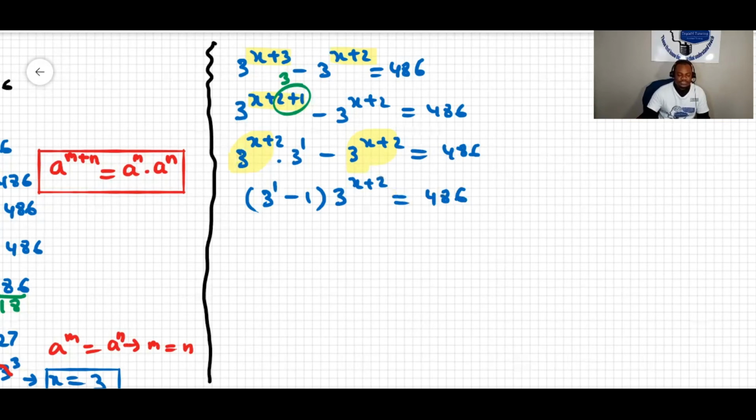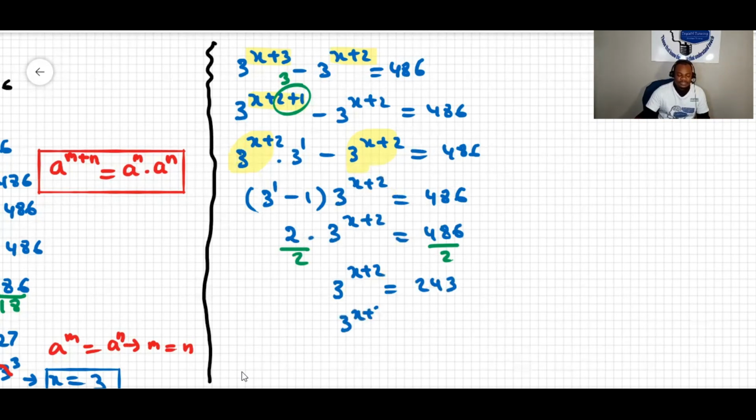Now this will just make 2 times 3 to the power of x plus 2 equal to 486. Now we can divide both sides of the equation by 2. That makes 3 to the x plus 2 equal to 243. And then 243 in terms of its prime factors is equal to 3 to the power of 5.